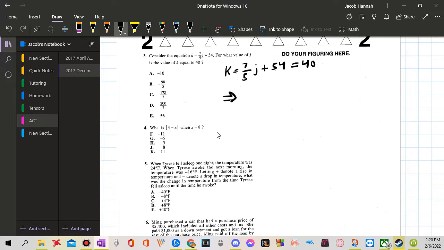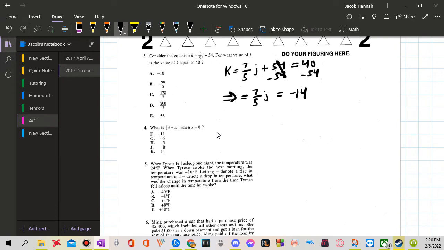This is a symbol stating the next line of reasoning. So let's minus 54 on each side. So 7 over 5 j equals, we minus 54 from both sides. So 40 minus 54 is minus 14.